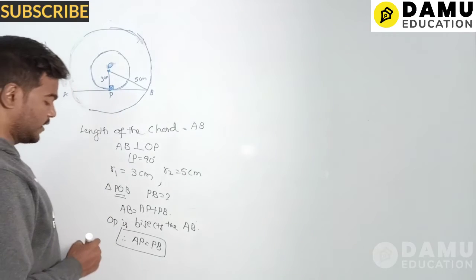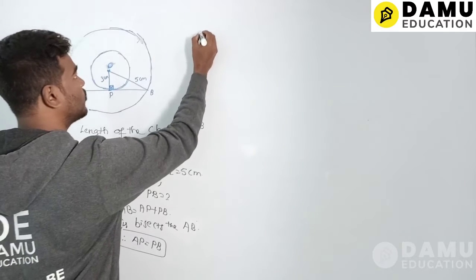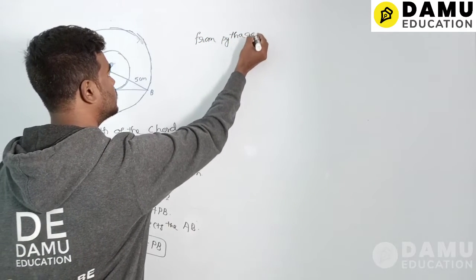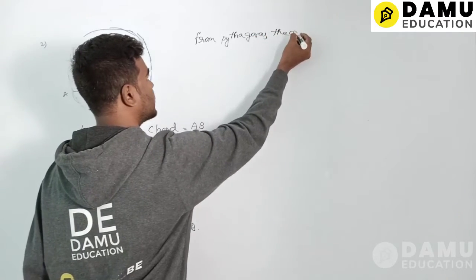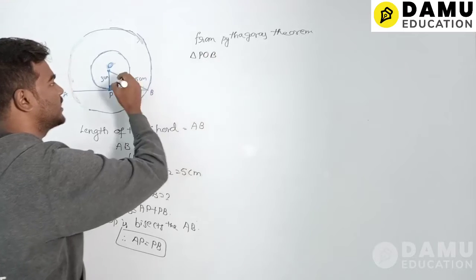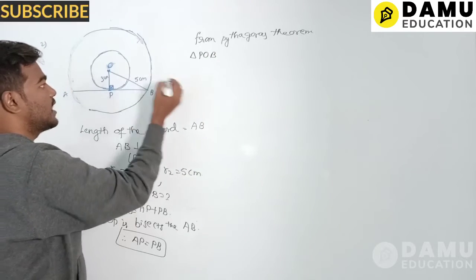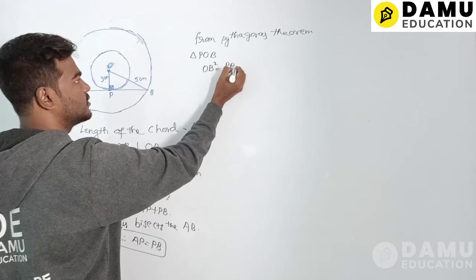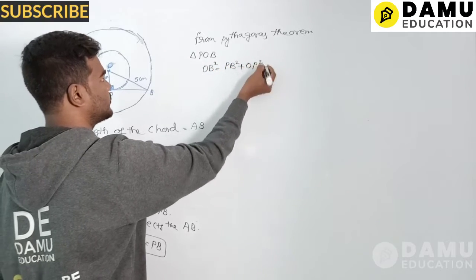Now what is the next step? From the Pythagoras theorem, in triangle OPB, the hypotenuse is OB, so OB square is equal to PB square plus OP square.